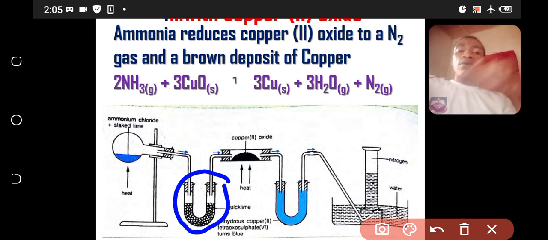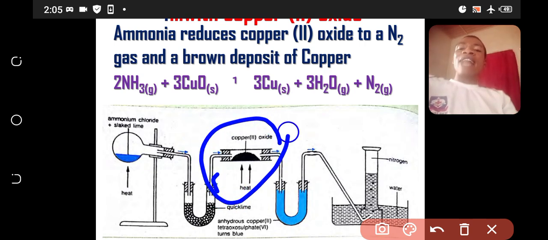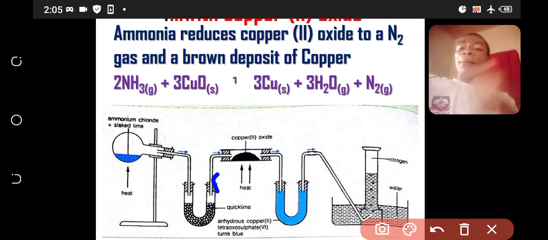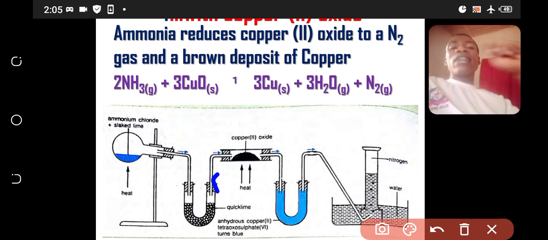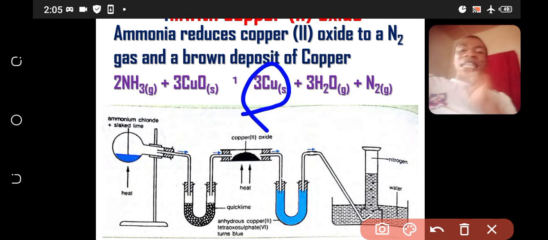That's a U-tube that you pack quicklime inside. So that ammonia gas will enter into the copper(II) oxide chamber, which you call a combustion tube where the copper(II) oxide is stored. As the ammonia enters, it will be turning into nitrogen gas, and that black copper(II) oxide will be changing into brown metallic copper.